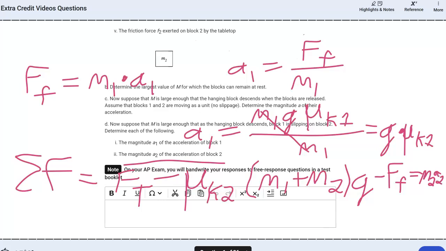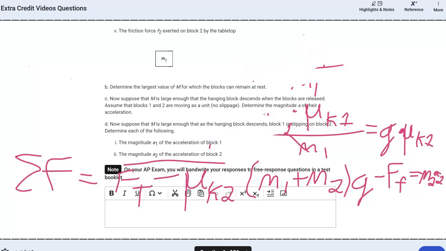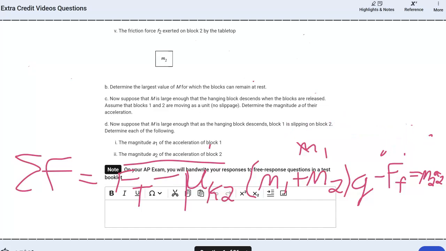Okay, let's erase up here, and let's plug in our frictional forces.